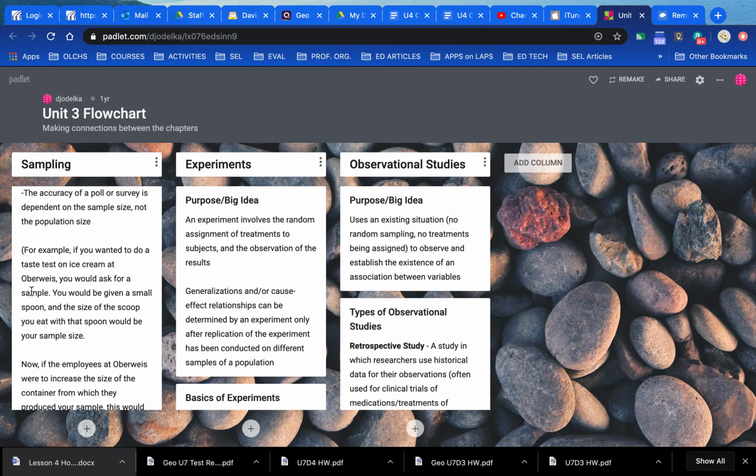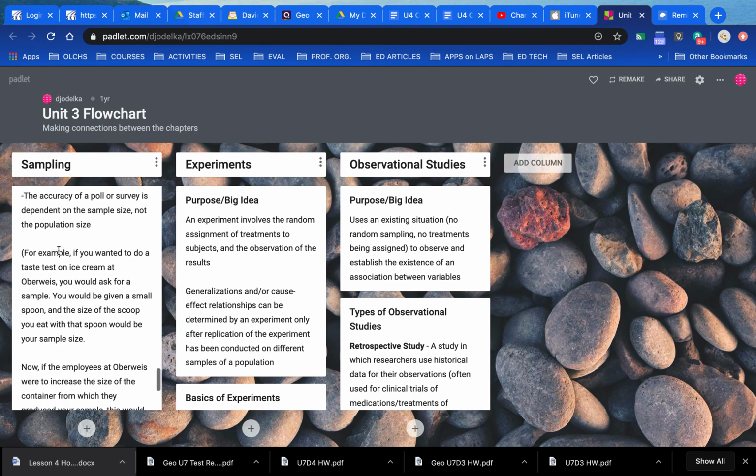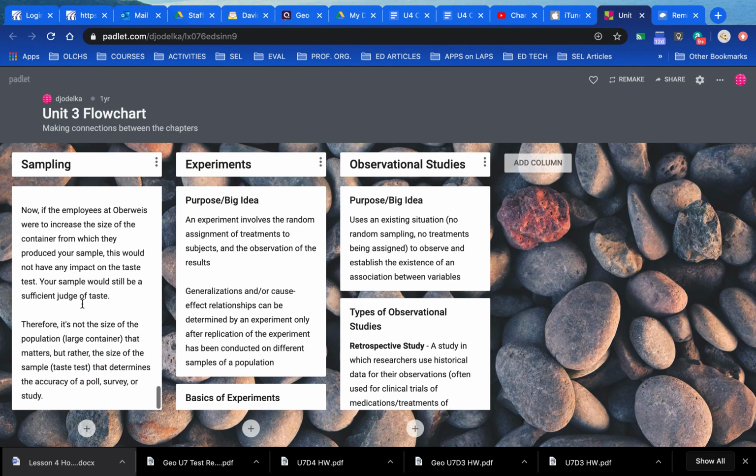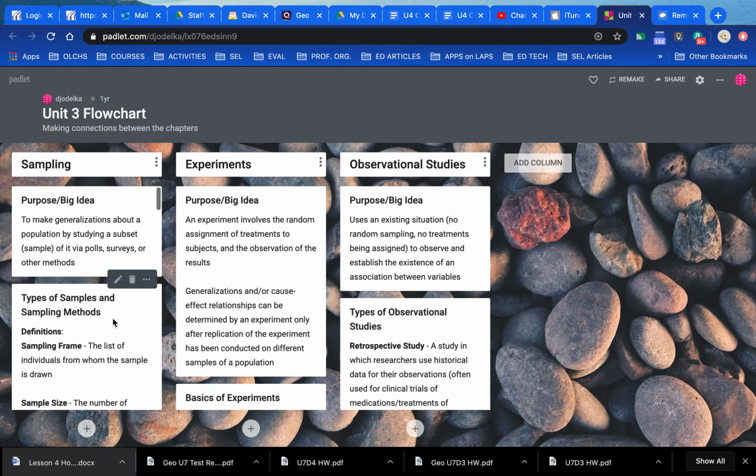Some people think you need a big population to begin with, but really you need a good sample size from the population. And this is an ice cream analogy if you want to read through it. That's the gist of sampling. The study guide I posted has a lot of description as well, in case this didn't make sense or help. Okay, now what's the difference between experiments and observational studies?